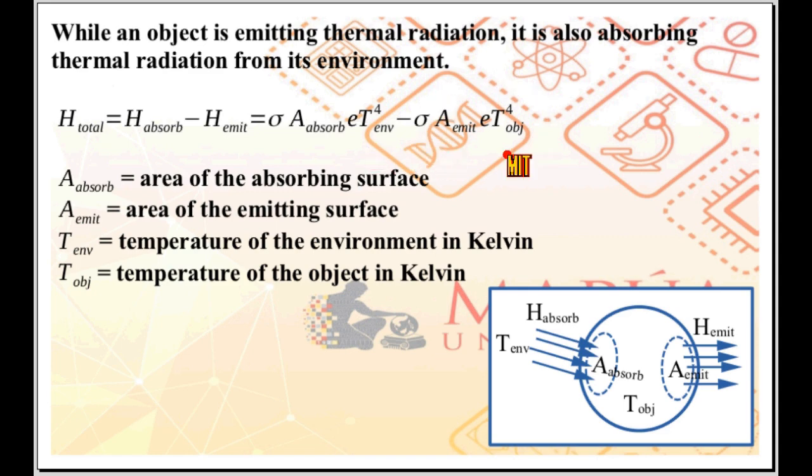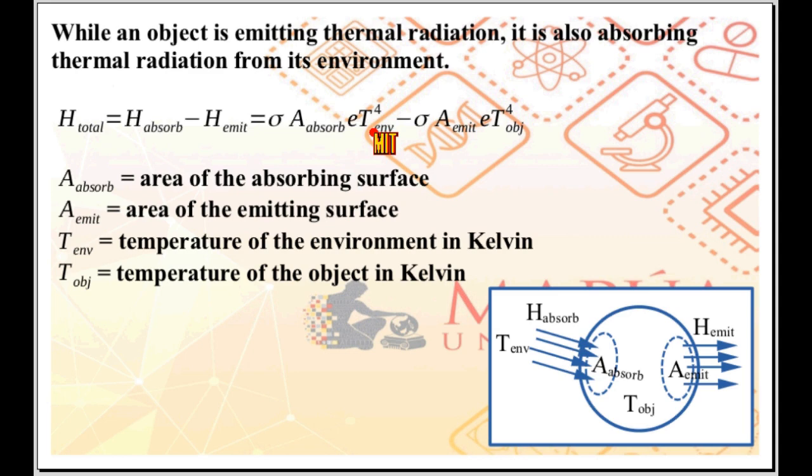We use this equation also for H absorb with some changes. H absorb is equal to sigma A absorb E T environment to the fourth power. Instead of area of the emitting surface, now A is area of the absorbing surface. Whatever part of the object is absorbing the thermal radiation coming from the environment, that's A absorb.